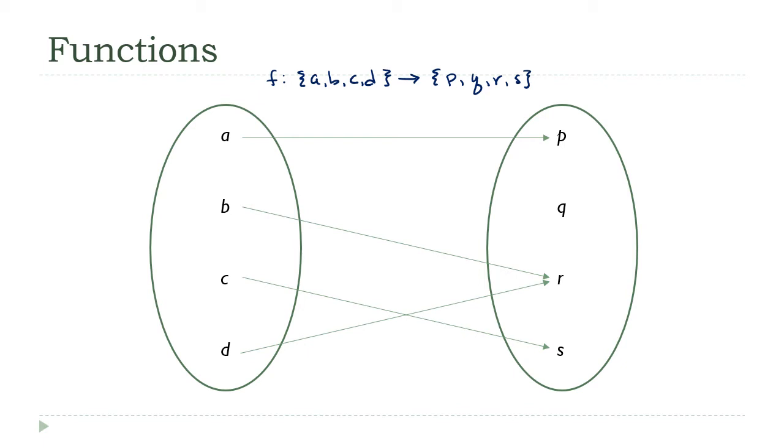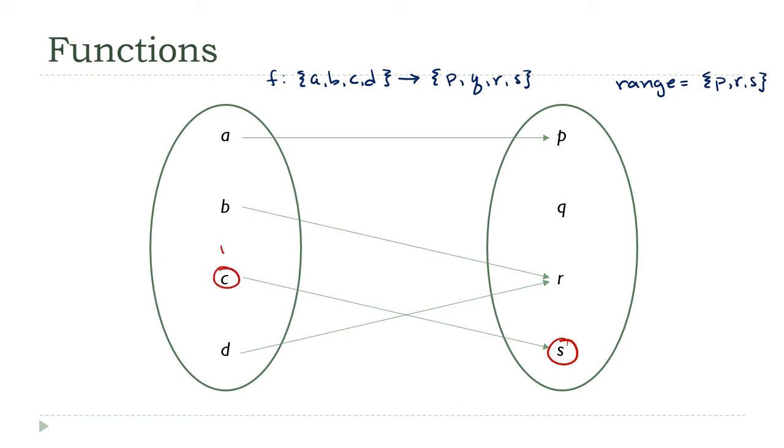So for this function, that would be these three values. So the range would be the set P, R, and S.